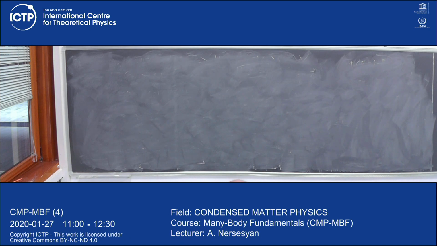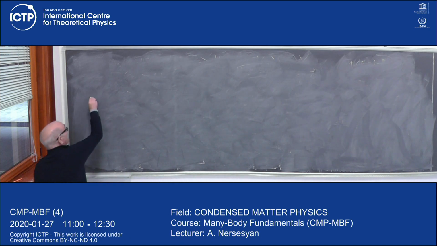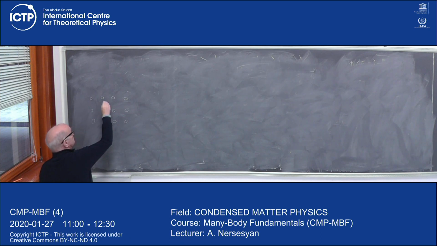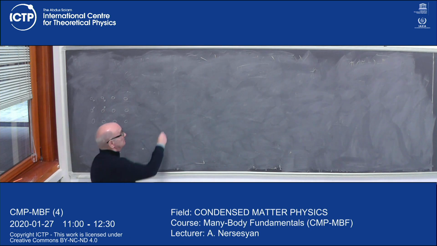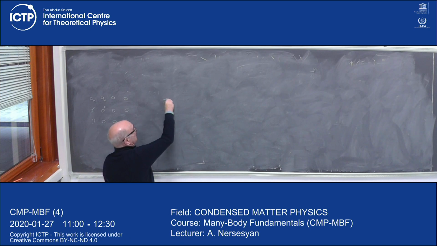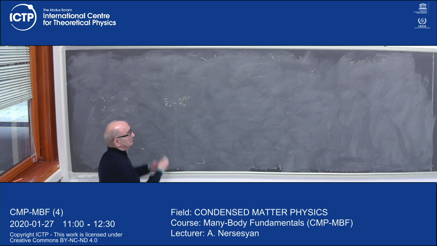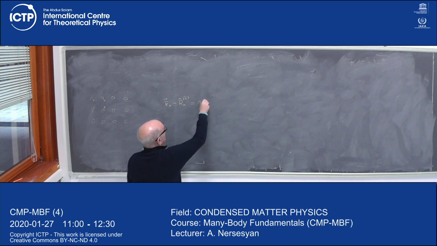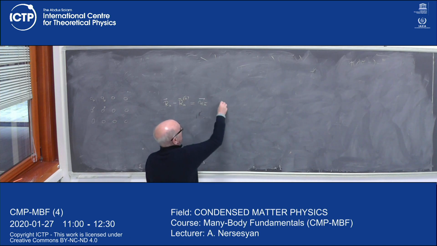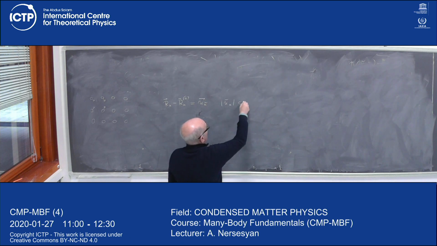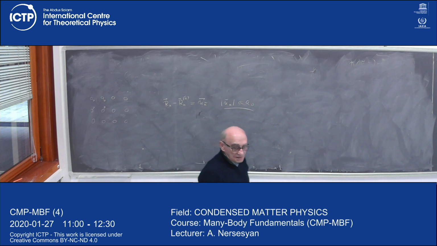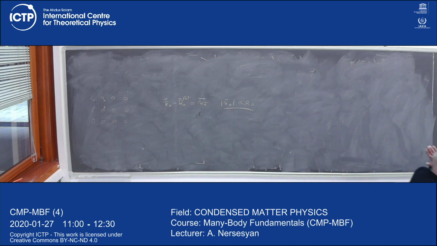Our main assumption was, as you remember, that once we have created a crystal, the deviations of atoms from their equilibrium positions, the displacements, if I have R_n and then I subtract R_n0, which is the equilibrium value in the crystal, and I call it u_n, this quantity is supposed to be much less than the lattice spacing at any moment.